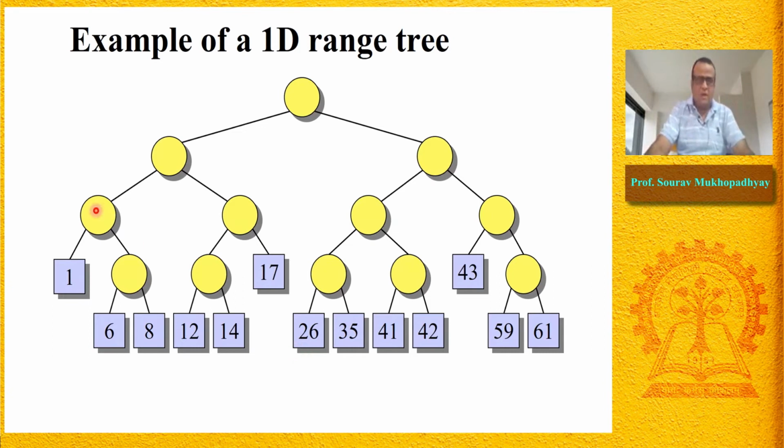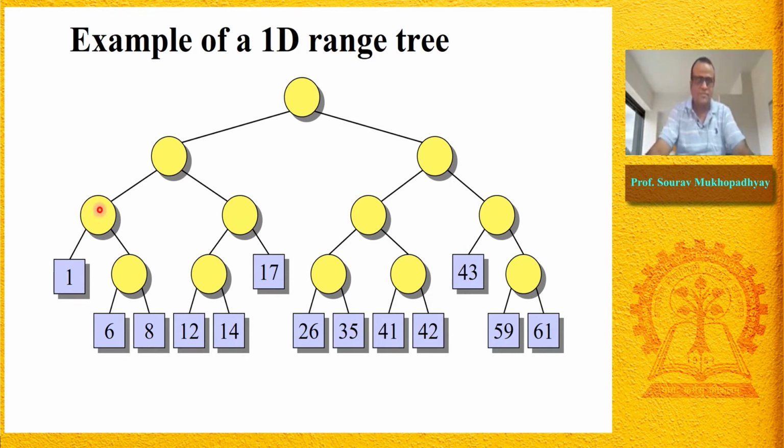Now what are the values we store over here? That really doesn't matter. The only thing we have to make sure is that this is a binary search tree. You have to have that property that every node should be greater than or equal to everything in its left subtree, and it should be less than all the elements in the right side. That is the binary search property, and it should be preserved. So what value should we put in this node?